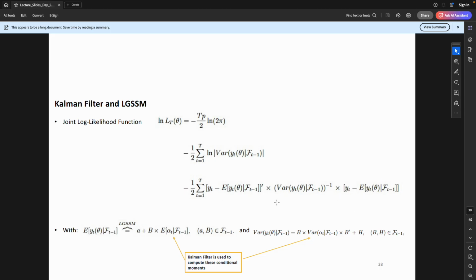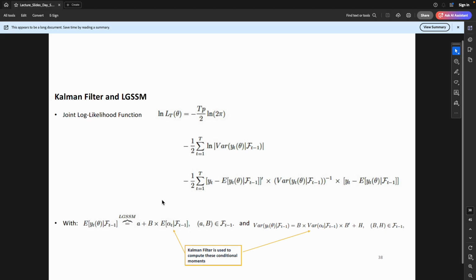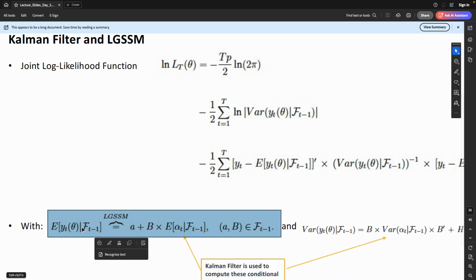YT is observed, and these are one step ahead likelihoods, so you see the predictions are one step ahead, and the variance is one step ahead. So therefore, inside the LG SSM, the expectation of my y conditional on ft minus 1 is simply a, which is known, plus b, which is known, times the prior mean of the state, which I computed within the Kalman recursion.